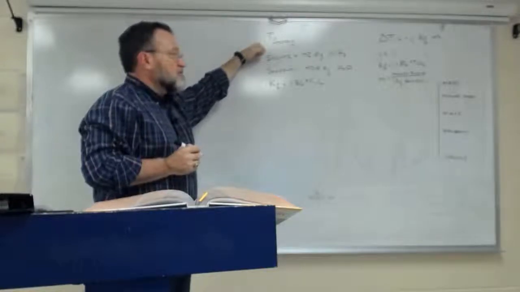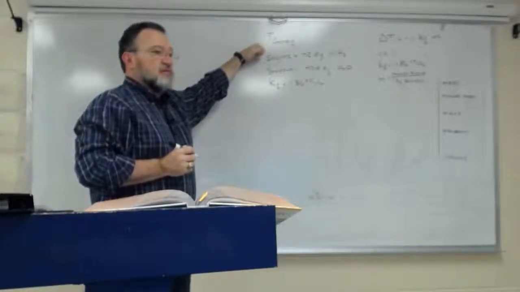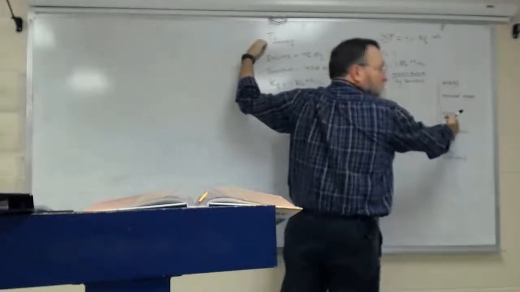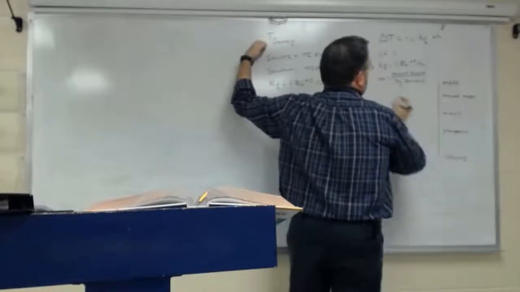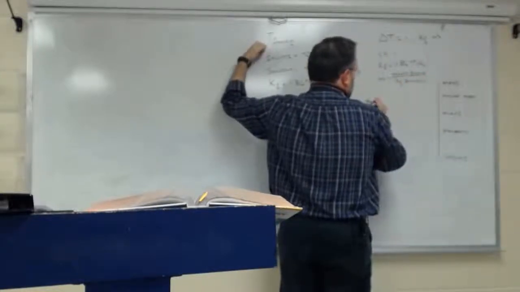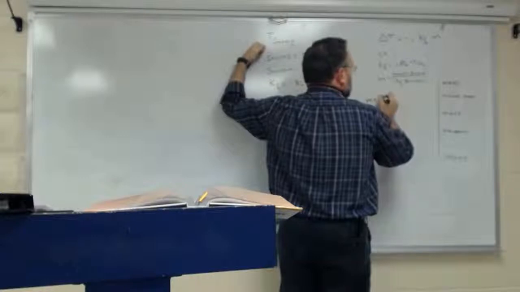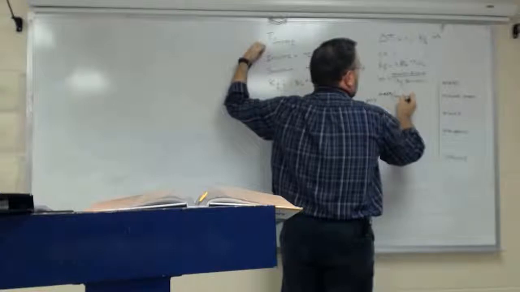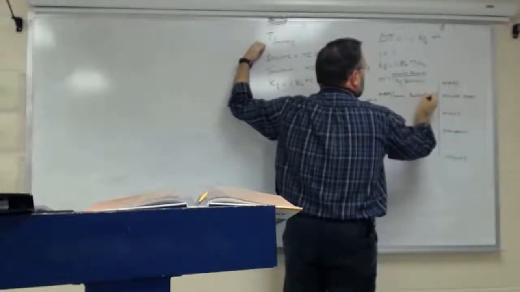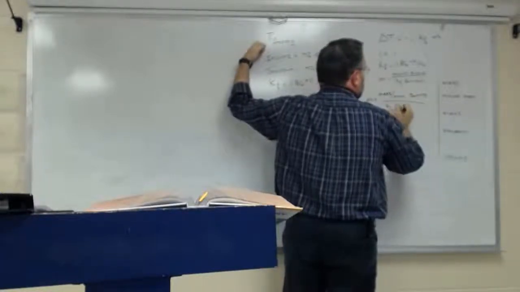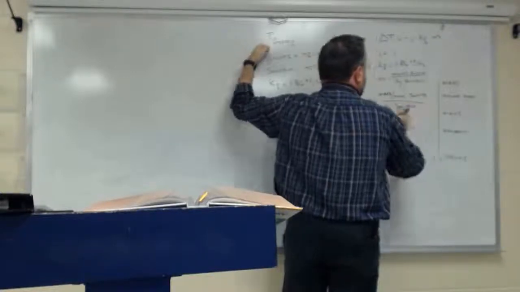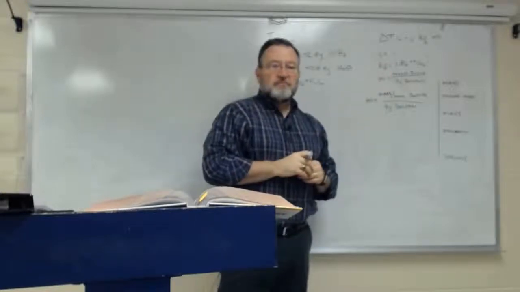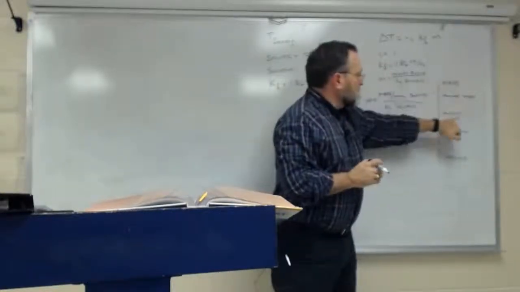How do we get moles when I have mass? Mass divided by the molar mass gives me moles, right? Let me rewrite this formula and say that molality equals mass divided by the molar mass of the solute, divided by kilograms of solvent. Because the mass divided by the molar mass is another way of saying the moles.